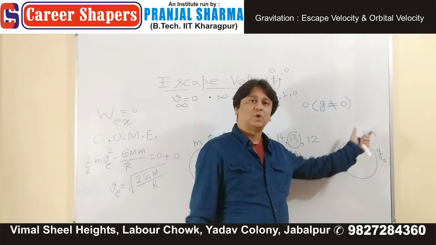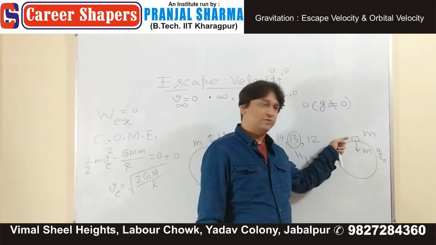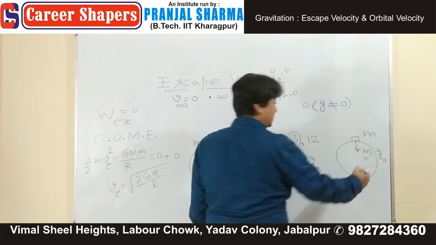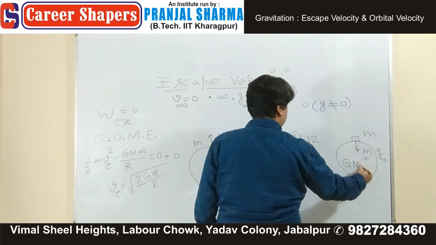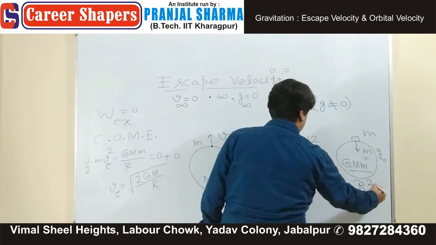Weight of an object is mg naught, for gravity at the surface. But this mg naught is also equal to GMm divided by R square.